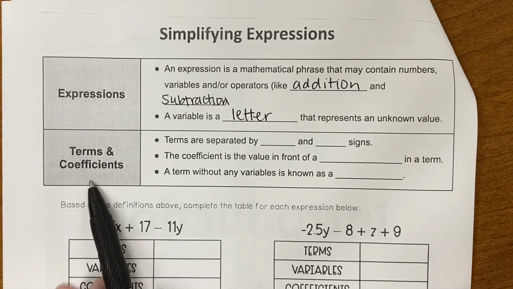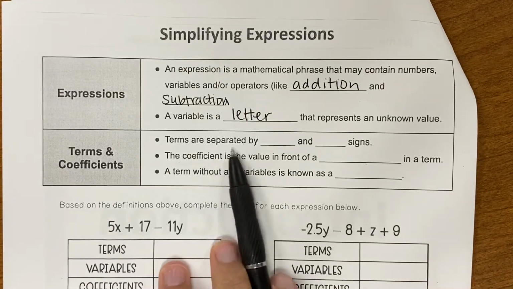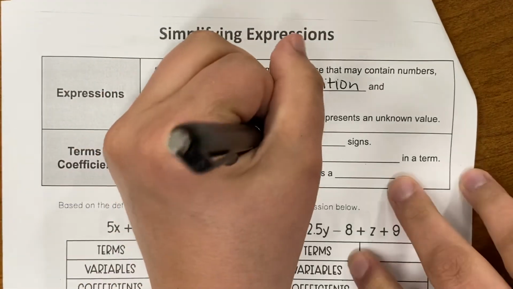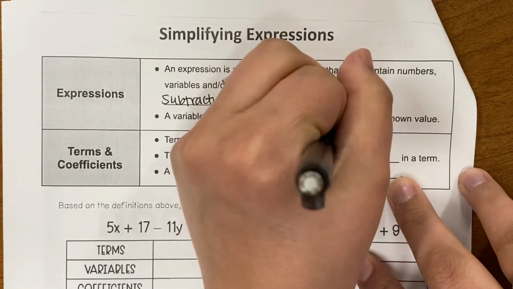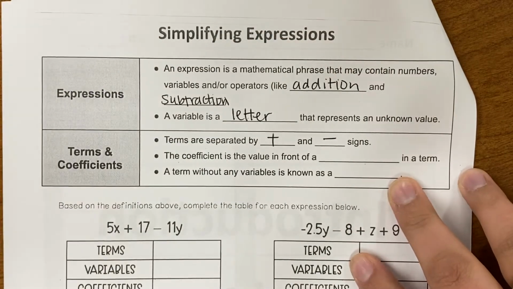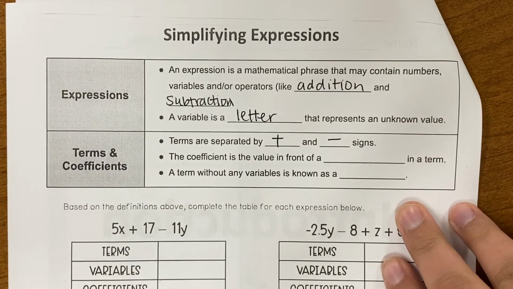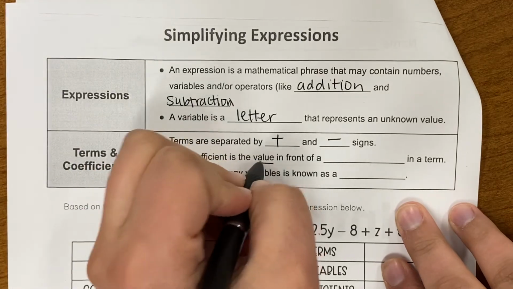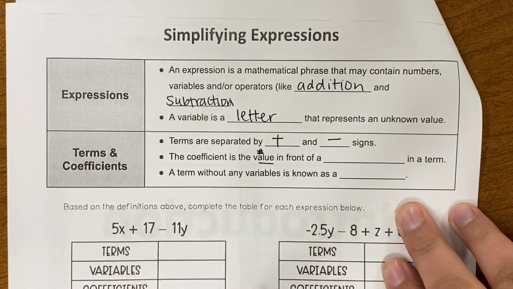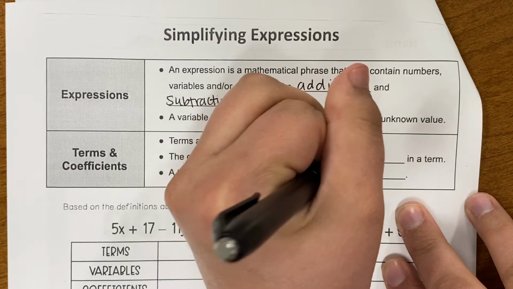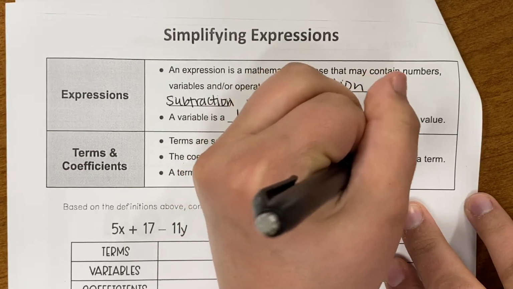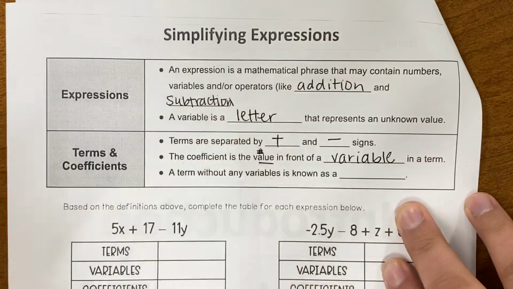Terms and coefficients. Terms are separated by addition and subtraction signs. The coefficient is the value or the number in front of a variable in a term.